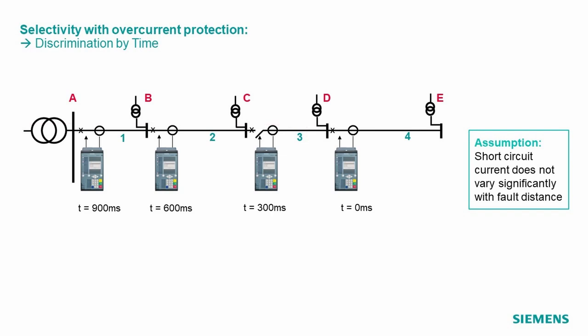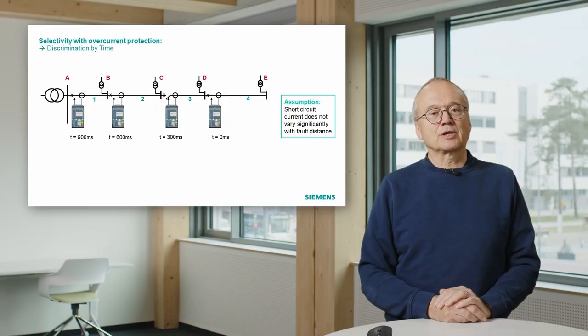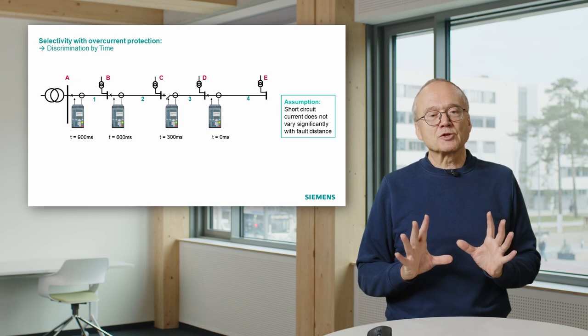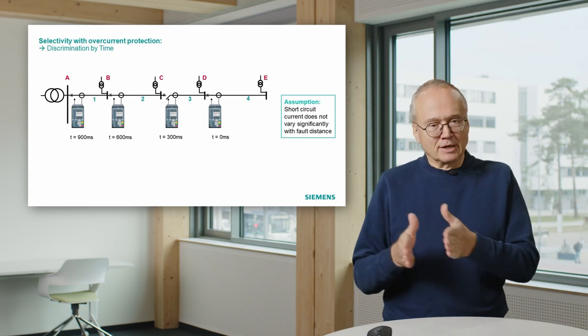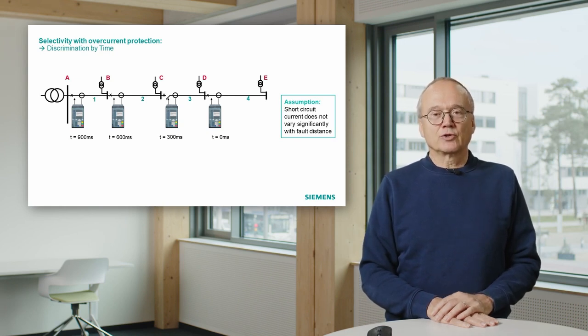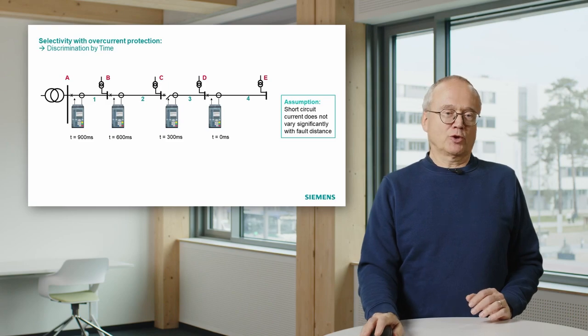That means in the other two relays on the left-hand side, the timer will reset before the time delay of 600 or 900 milliseconds is reached. That means these two relays will not trip the breaker. So by this simple arrangement, we get selectivity: the right relay at substation C trips for the short circuit.